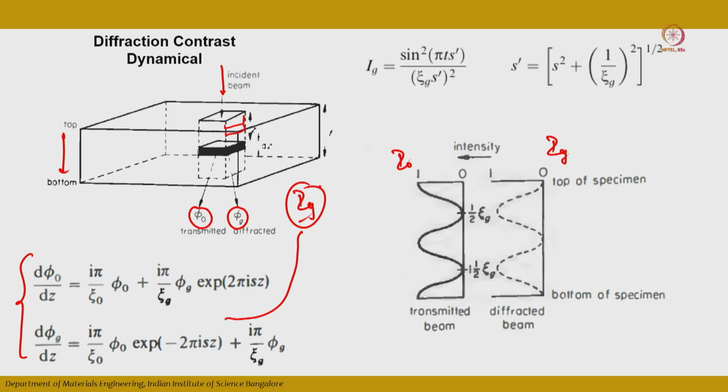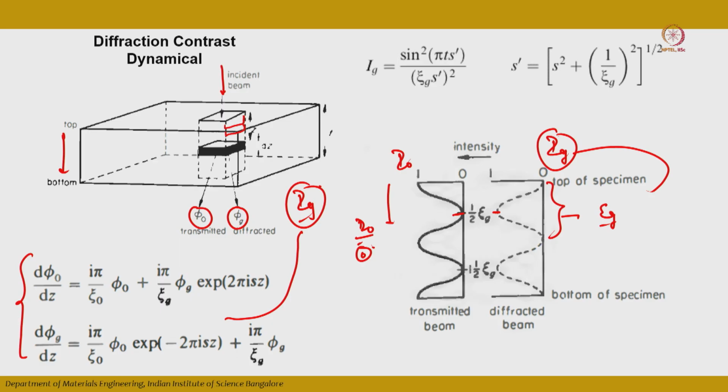Okay. And the distance at which the intensity of I 0 changes to 0, or the diffracted intensity changes to 0, is called psi g, and at half of psi g you can see that the intensity of the transmitted beam becomes 0.